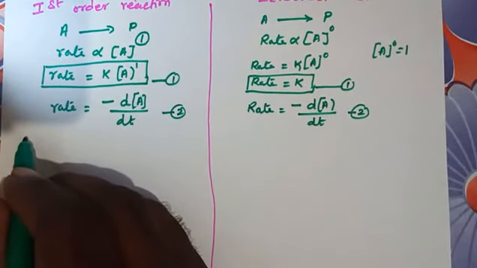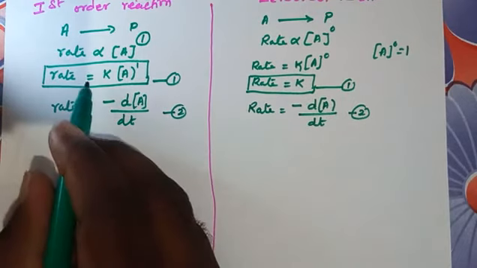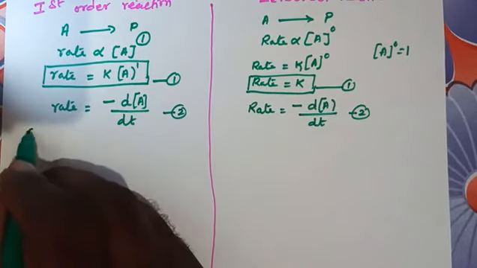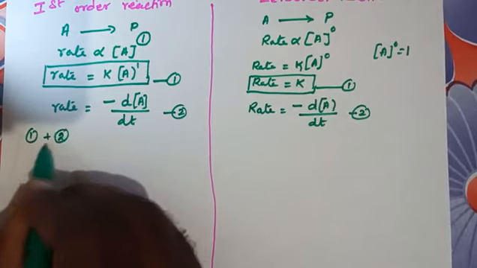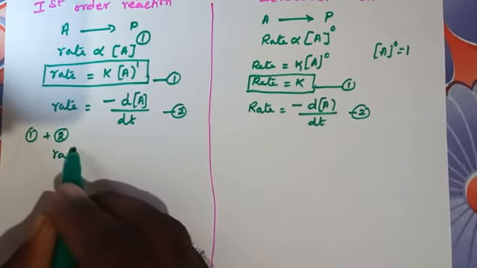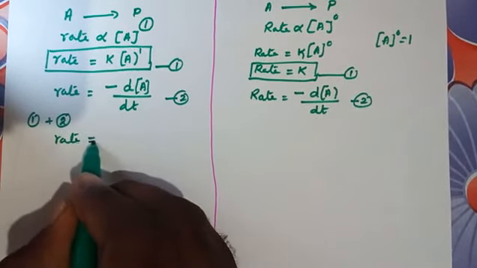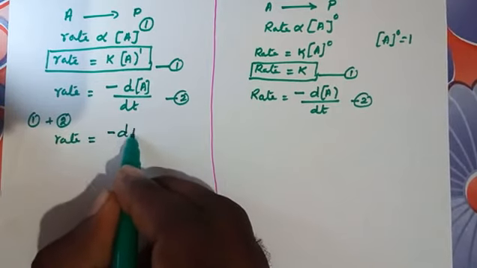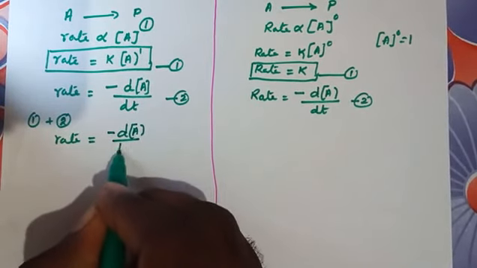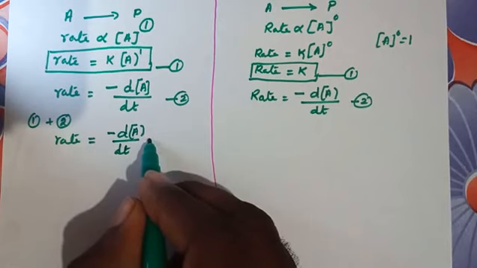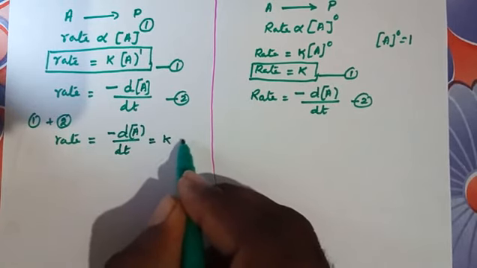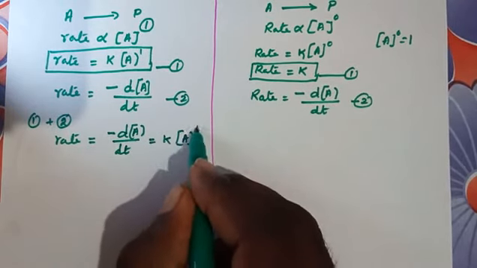Combine, or integrate, these two equations, equation number 1 and 2. Rate of the reaction, which is equal to minus d concentration A by dt, is equal to k into concentration A to the power 1.